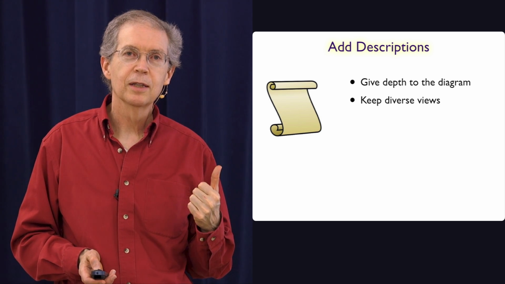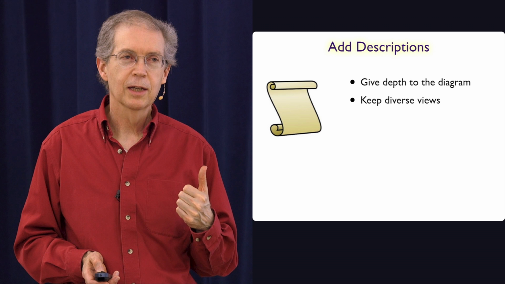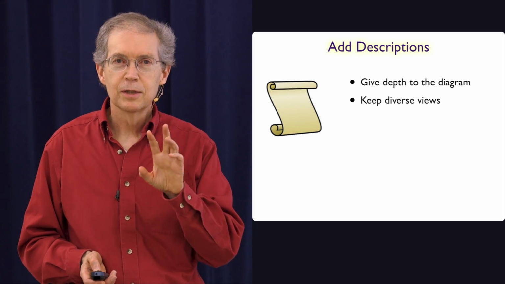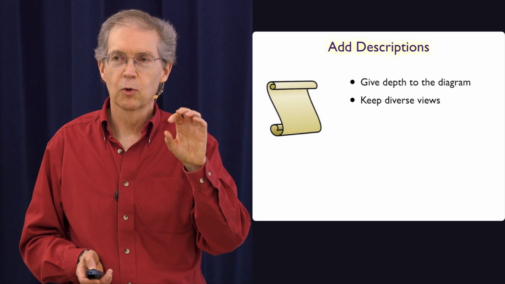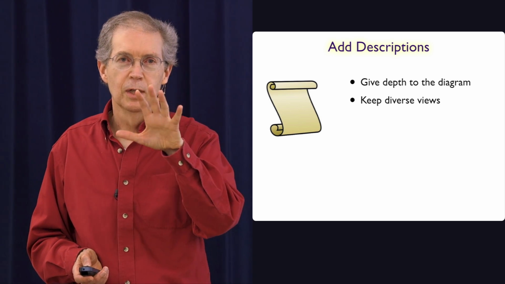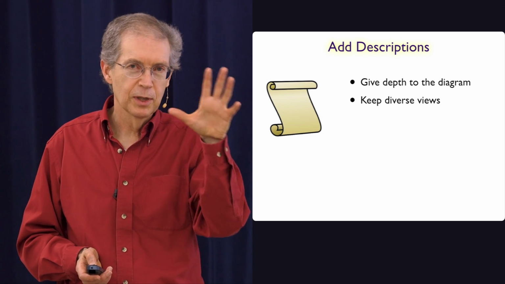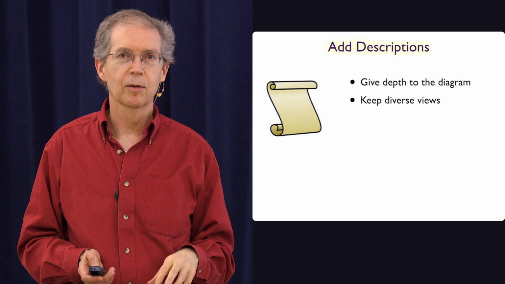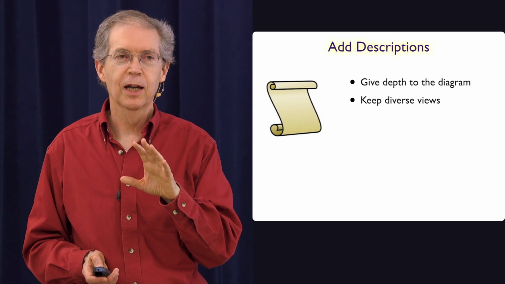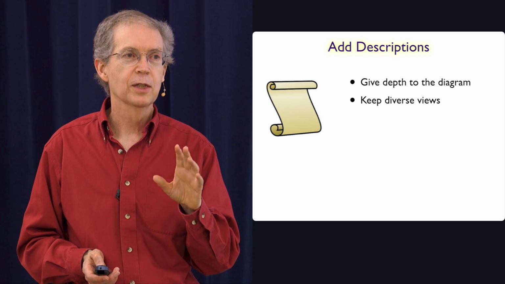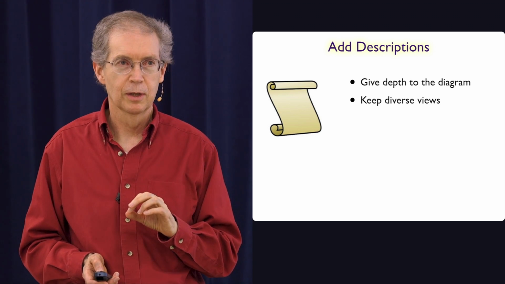And I want to recommend that if you're working in a group and you get two diverse views about what that relationship is, or what the particular meaning of this particular piece in the diagram is, have them both. You don't have to decide initially which is the right story.